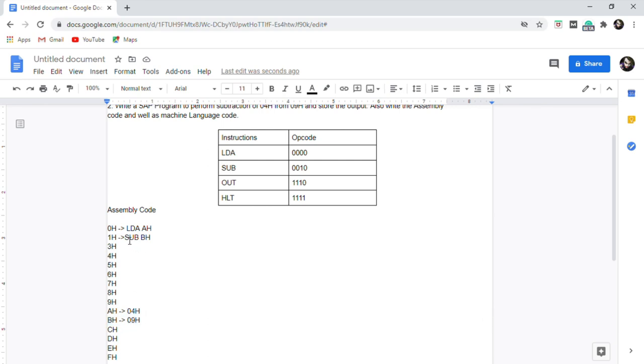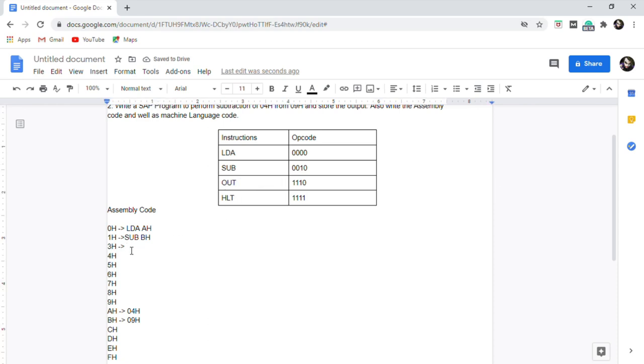This SUB BH will do our job. It will subtract the content of AH loaded by this LDA instruction from this 9H loaded by this SUB instruction. Then after we need to generate our output. For output we have OUT instruction.